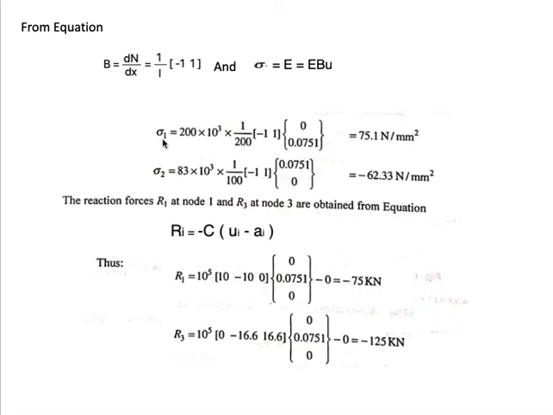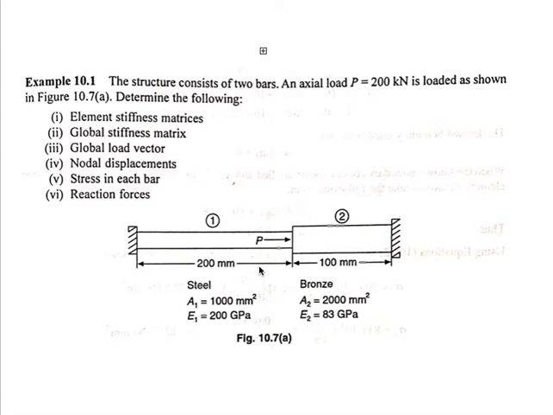So sigma 1 equals 200 into 10 raised to 3 into 1 divided by the length of the first element, which is 200, and this is the matrix of minus 1, 1, and at node 2 the displacement is 0.0751. From this you can get the stress on element 1.